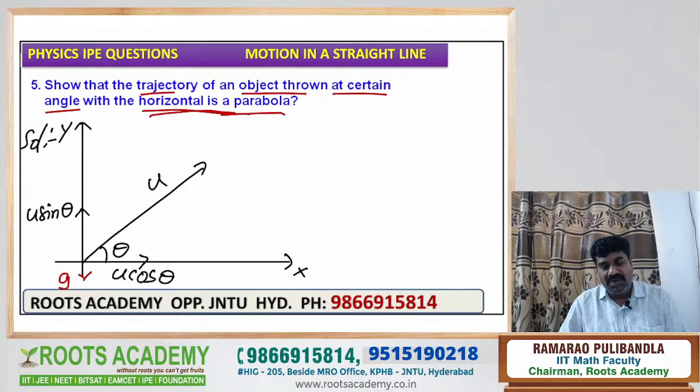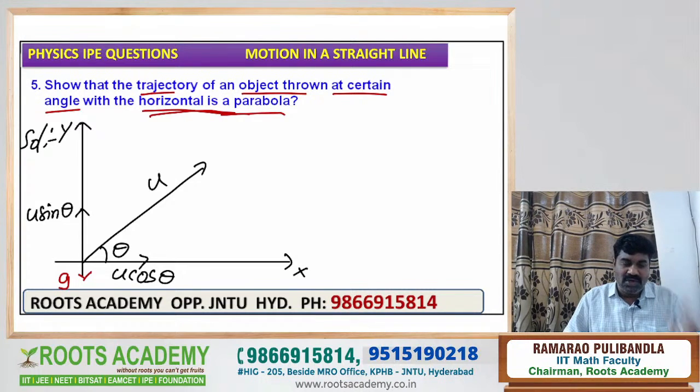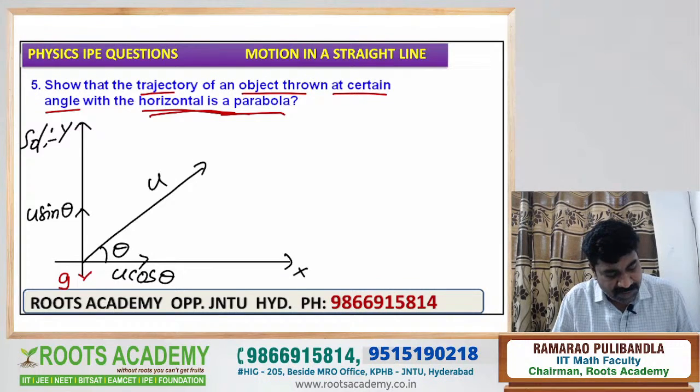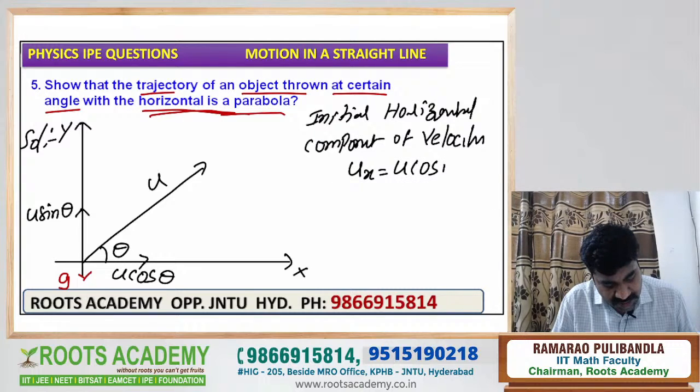The initial horizontal component of velocity, ux, is u cos theta.